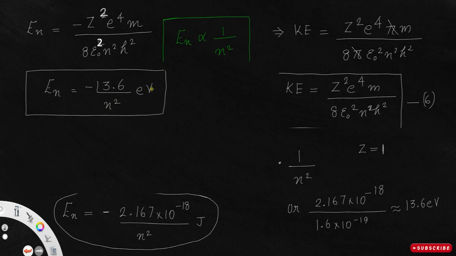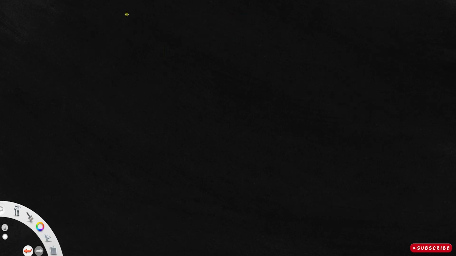Clear? Now we need to find the Rydberg's equation or Rydberg's formula. That's actually simple. Let me erase all this. We found out energy in the nth orbit is equal to minus 13.6 by n square electron volt. Now suppose we have two energy levels.